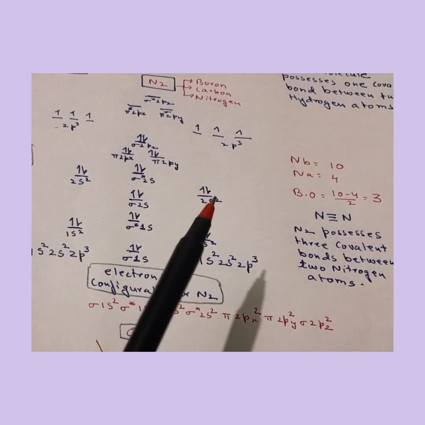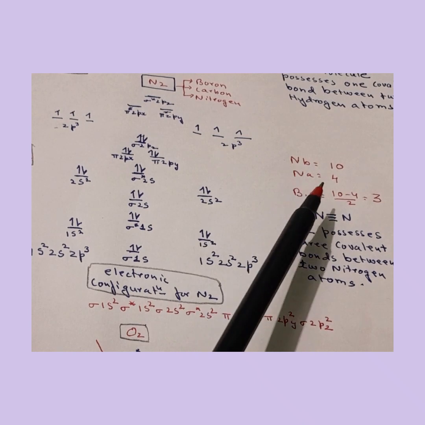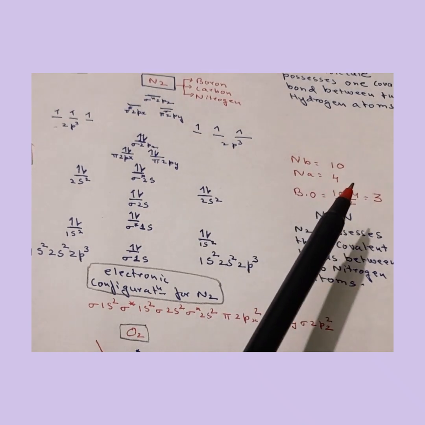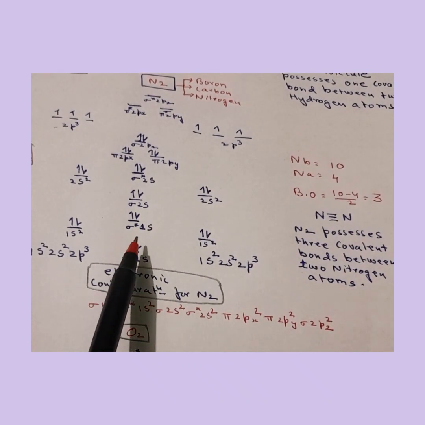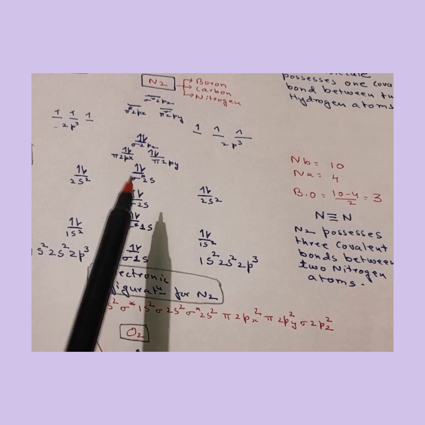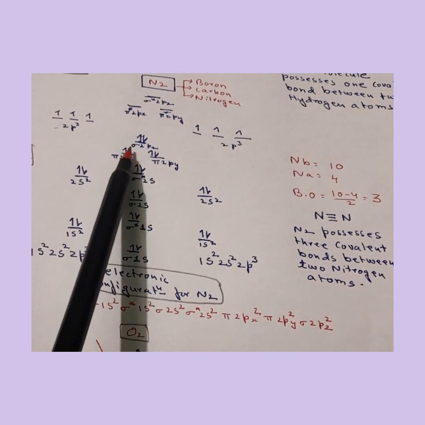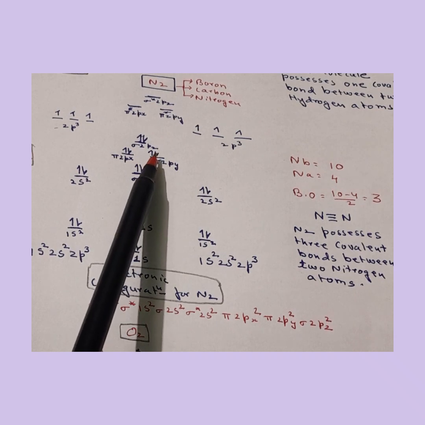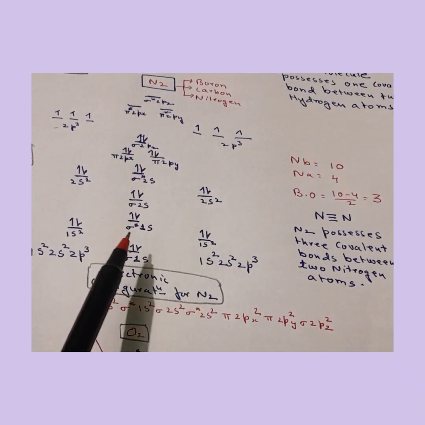Alright, let's find out the bond order now. As per here, it has got 10 bonding electrons. So let's check it out. This is 2, this is 2, and again these two, so it comes to 8, plus 2, 10. So we have got 10 bonding electrons.